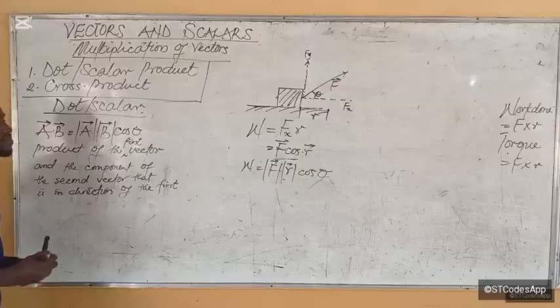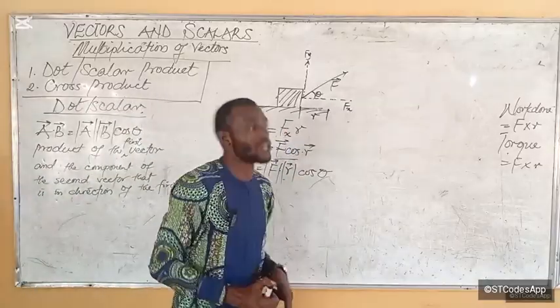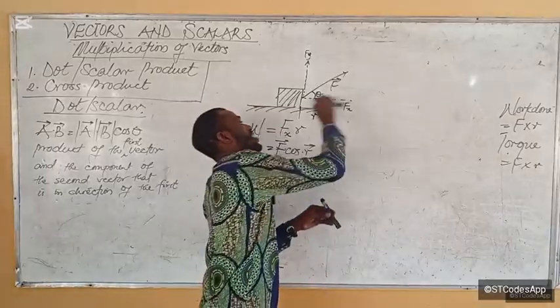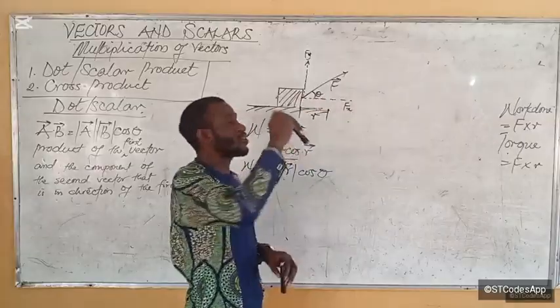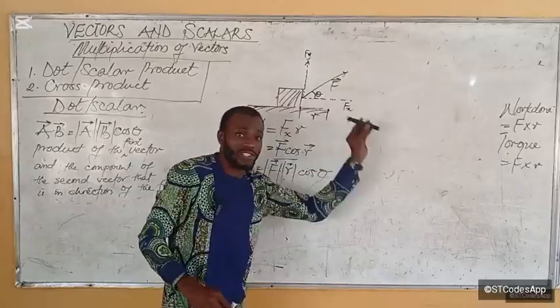Let me explain that. See, you notice that F sub x is in direction of R, right? Where is displacement? Displacement is in this direction. This body is moving in this direction. So its displacement is in this direction. So you see that it is F sub x that is also in this direction, right?